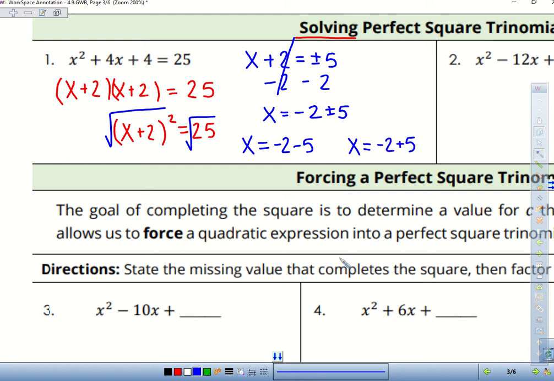So what is negative 2 minus 5? Negative 7. Good. And then what is negative 2 plus 5? 3. So you have two solutions. You'll often see these written in squiggly brackets, and they will say negative 7 and 3. So that's the final answer.